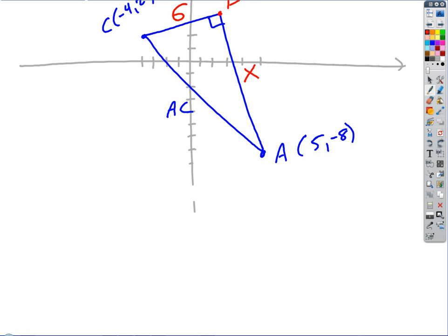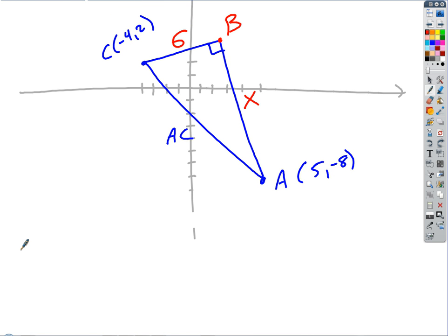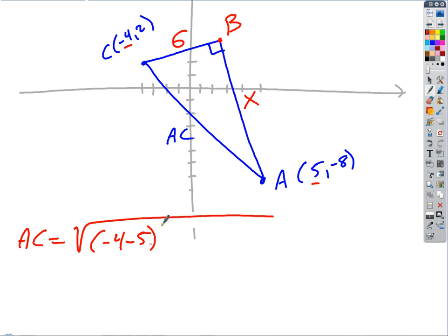So if I want to find that distance, AC, we just have to plug in the numbers and simplify. So what are the numbers that go into the distance formula? -4 minus 5, so we got -4 minus 5 squared, plus 2 minus negative 8, so plus 8, right?